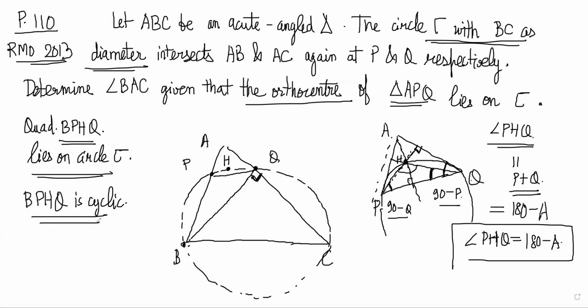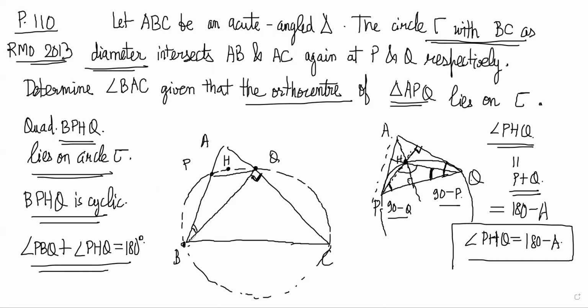So we can use the property of cyclic quadrilateral, which will say that the opposite angles should add up to 180 degrees. So angle PBQ plus angle PHQ must add up to 180 degrees, right? This is the property of the cyclic quadrilateral. This angle plus the angle PHQ that we have drawn here must add up to 180 degrees.